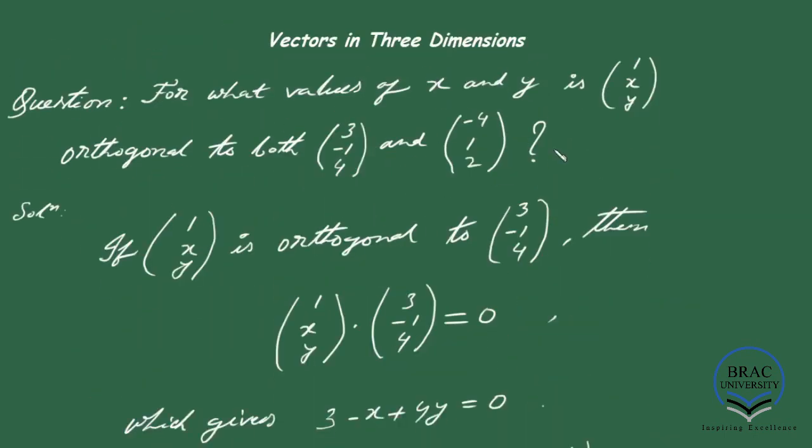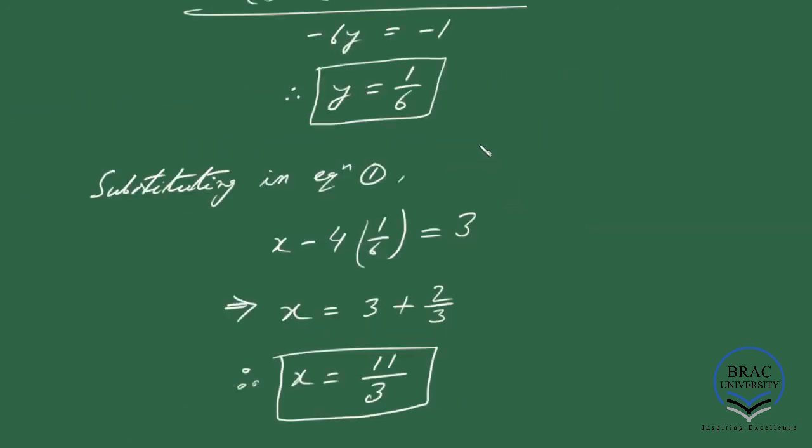The condition here is essentially that this vector has to be orthogonal to both of these vectors for certain x and y values. These are those specific x and y values for which the first vector will be orthogonal to both the second and third vector that we are given.